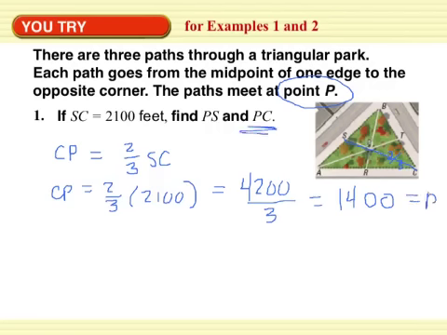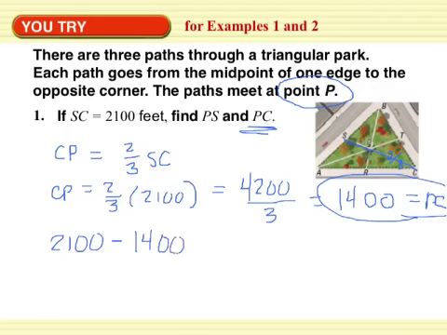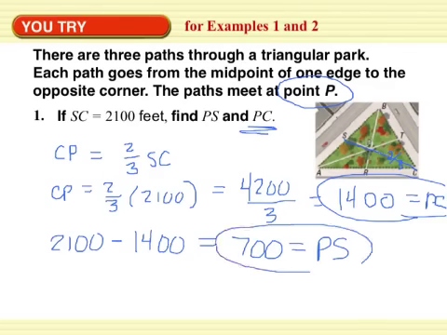PC is 1,400 feet. And you can just do some simple subtraction. The original, like the full segment length, is 2,100 minus 1,400 means that PS is 700 feet.